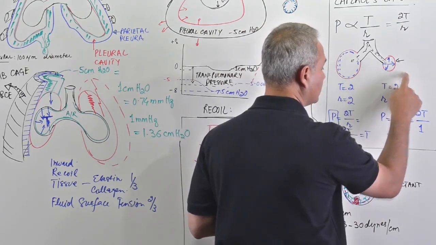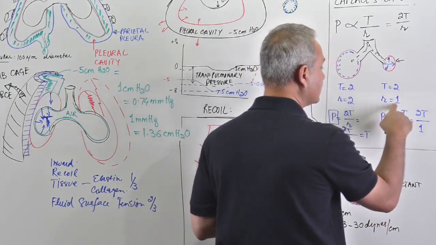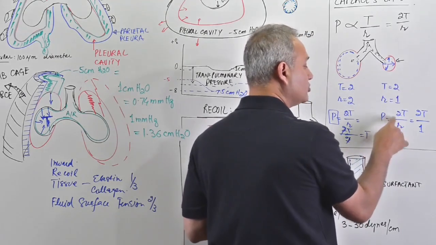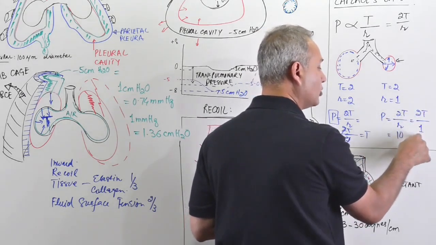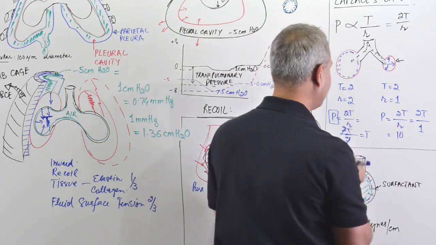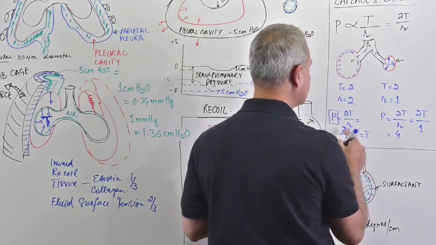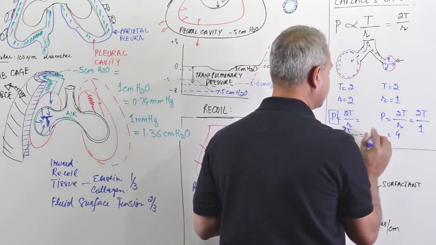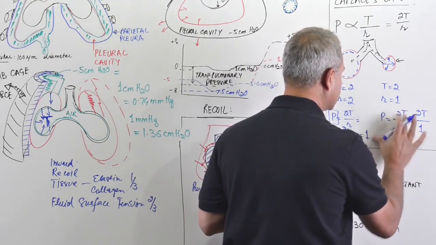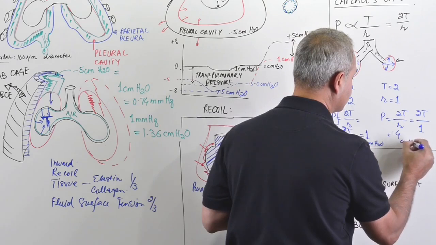T is 2, keep the T same, R is 1, now the radius has become smaller. Pressure equals 2T over R, so 2 multiplied by 2 divided by 1 is 4. In my last example I used T as 5, but let's just say 1 centimeter of water here and 4 centimeters of water there.